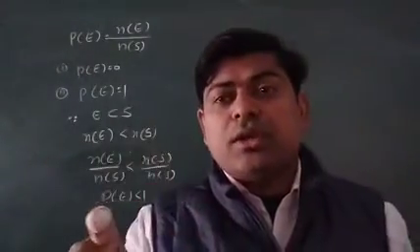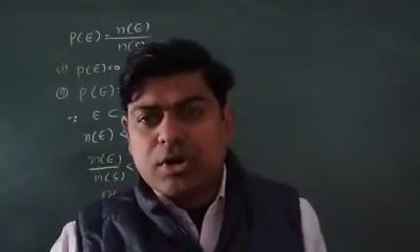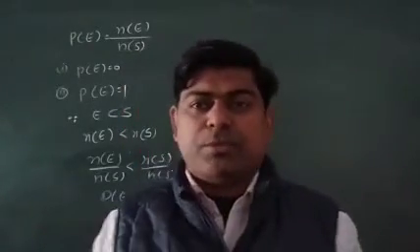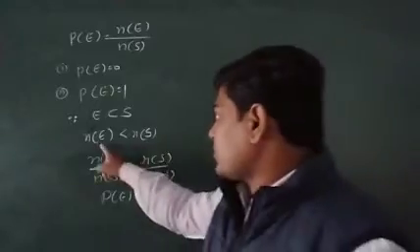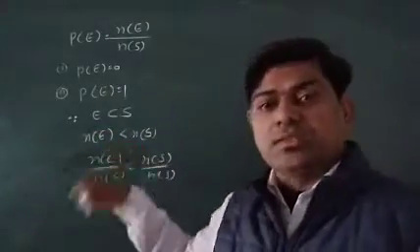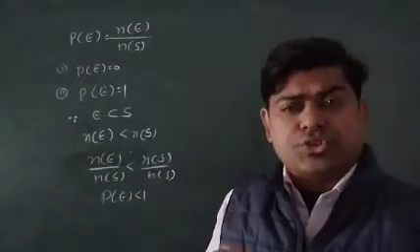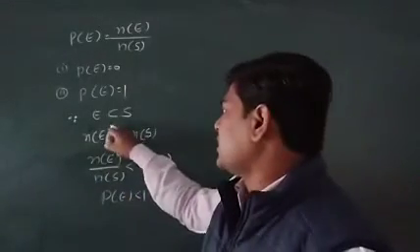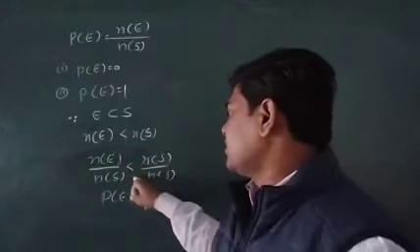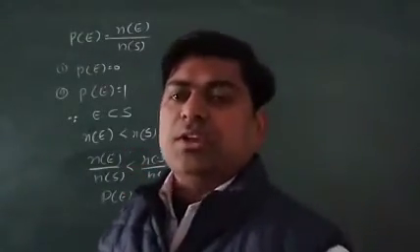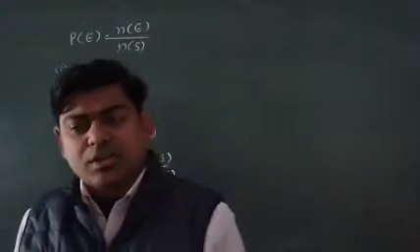I used the word proper subset, and you should keep that in mind. If E is equal to S, it means it's an improper subset, or a sure event. In this case I can take less than or equal, and then I can say the probability of an event is always less than or equal to 1.